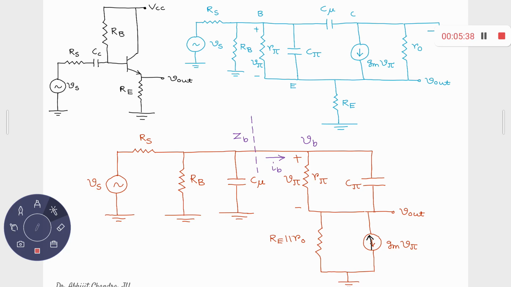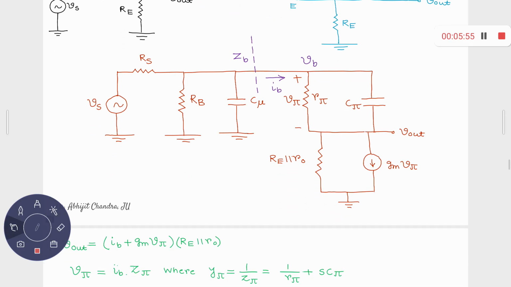We have already encountered this ZB, or rather Rin, for a common collector amplifier when these capacitors were absent. This time we will also encounter these capacitors, and that's why it is known as ZB, the impedance.